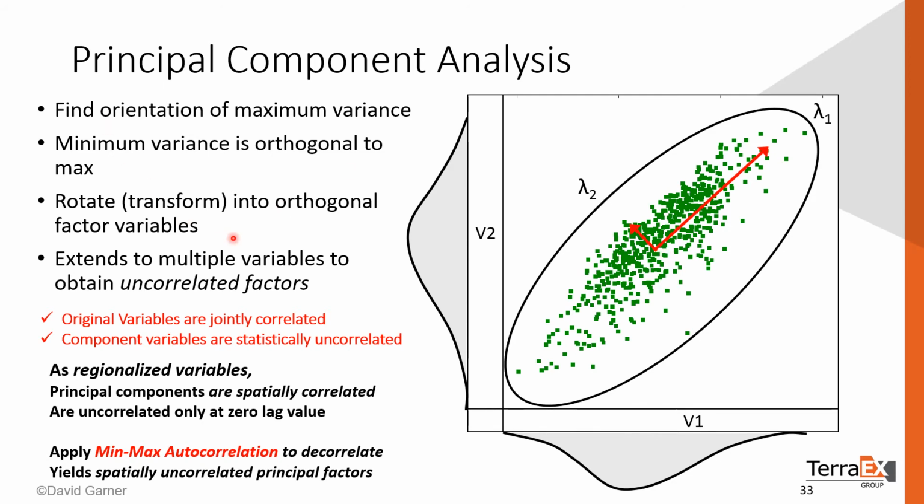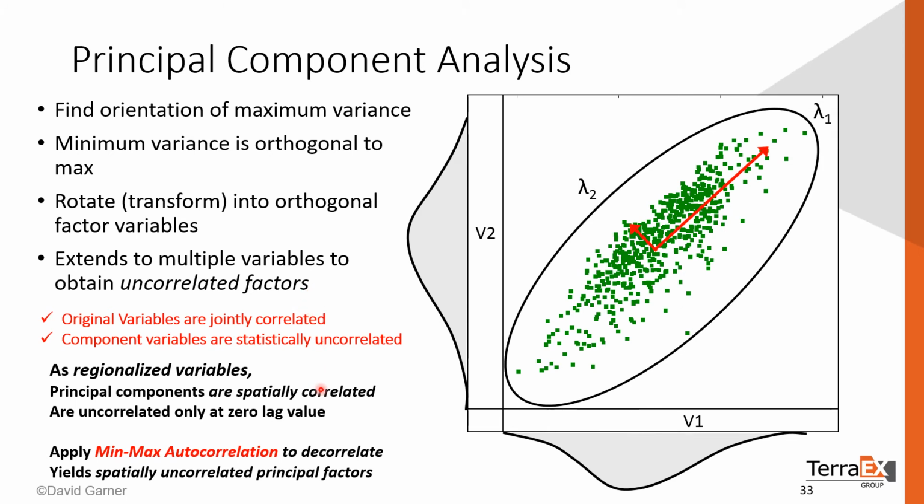So we're looking for uncorrelated factors. We use this in various fields. I've used it numerous times with seismic attributes to look at what variables are correlated or create super variables and reduce dimensionality. But in this case, we're trying to get uncorrelated factors so we can simulate the variables and preserve shapes of distributions.